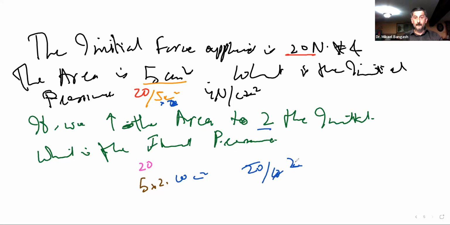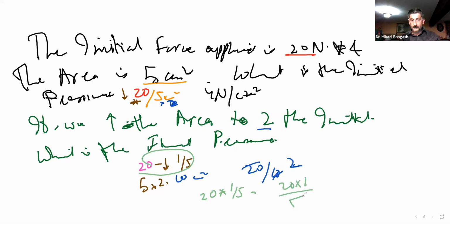Now, had we reduced the force, sorry, to let's say 1/5. Then this part of the equation will become 20 multiplied by 1/5, which is the same as 20 divided by 5.